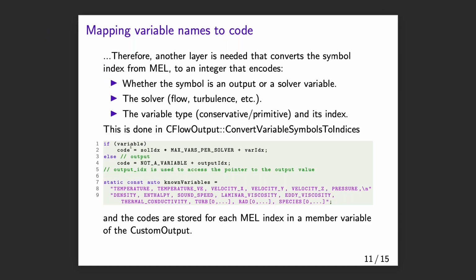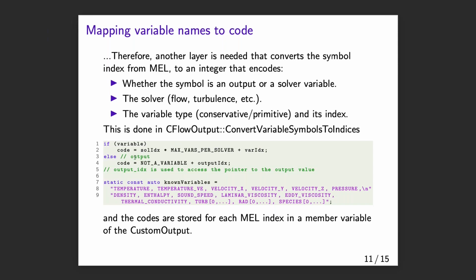And it's basically something silly like if it is a variable, the code is the solver index times a constant. And this constant is basically picked as maximum reasonable value of number of variables that the solver can have, plus the variable index. And for obvious reasons, this maximum variables is a power of 2.